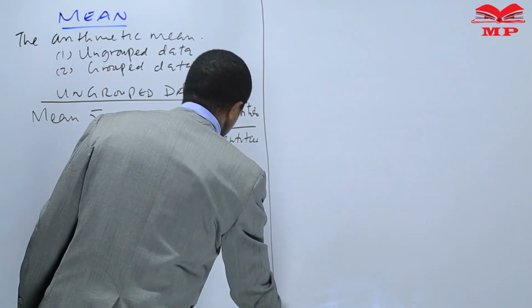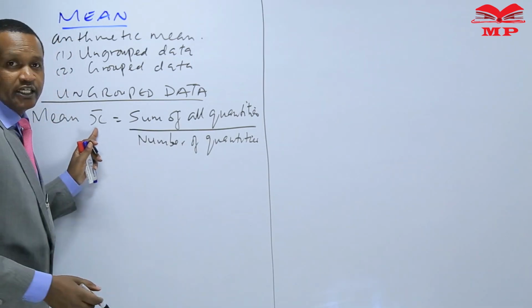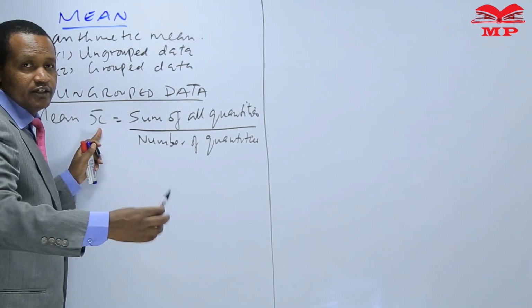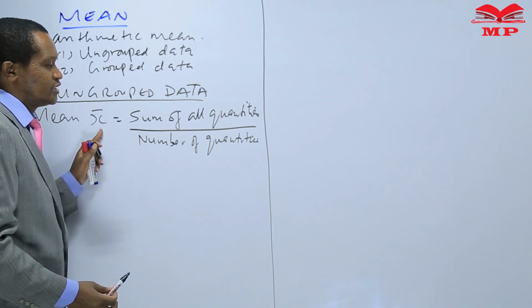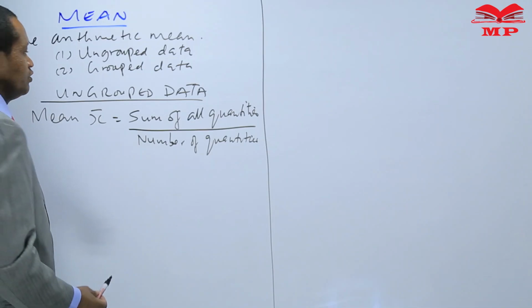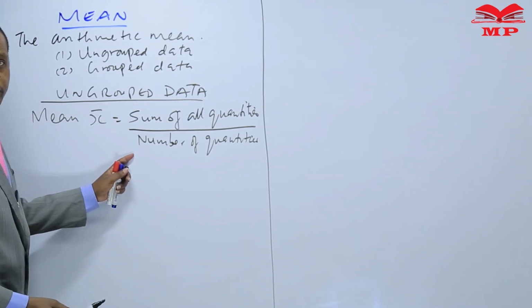So if you have a set of data, to get the mean x bar, we add all the values in the set of data, then divide by the number of quantities.